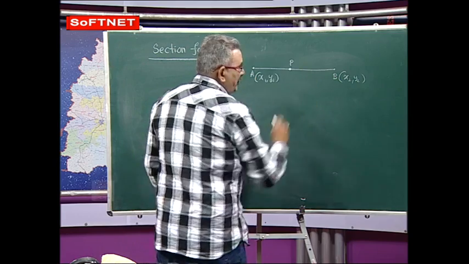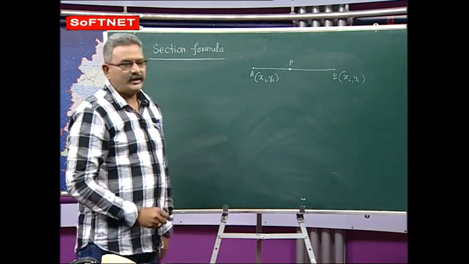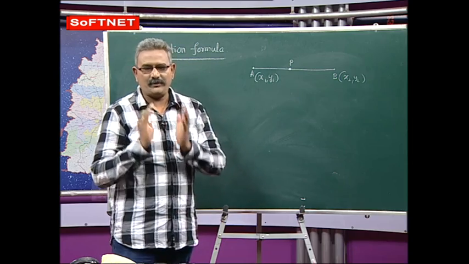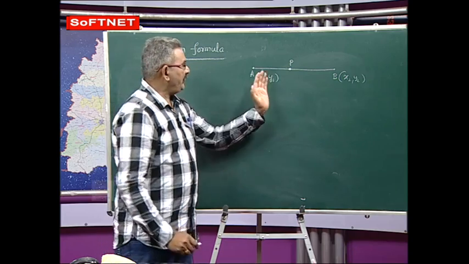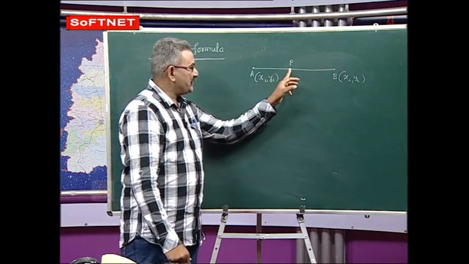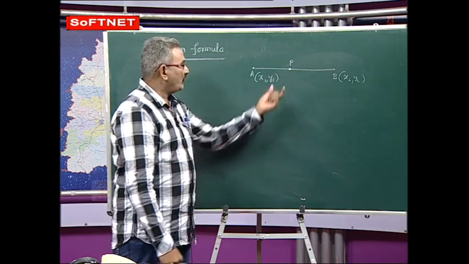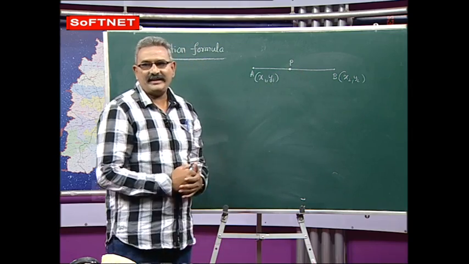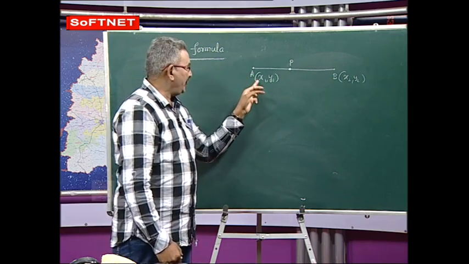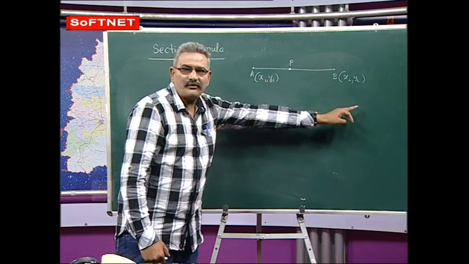P divides AB into two equal parts. That means P is a point such that AP is equal to PB. P divides AB into two equal segments. So, that means P is the midpoint. How to find out midpoint coordinates? The midpoint of the line joining A x1, y1, B x2, y2.